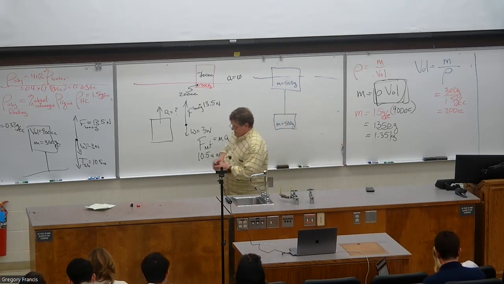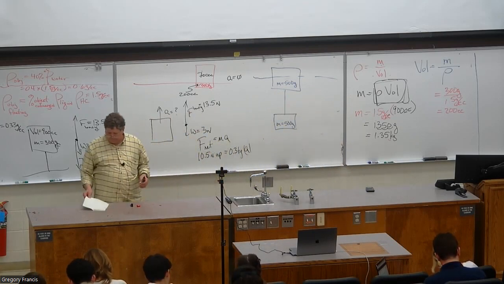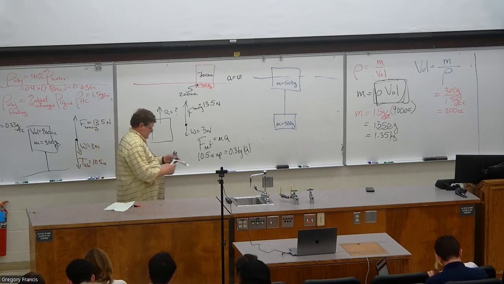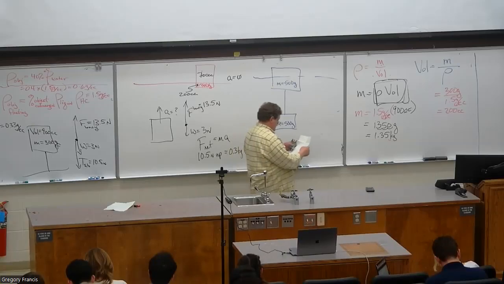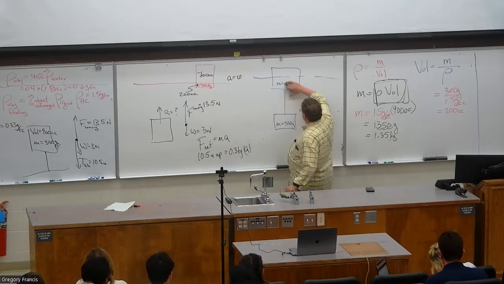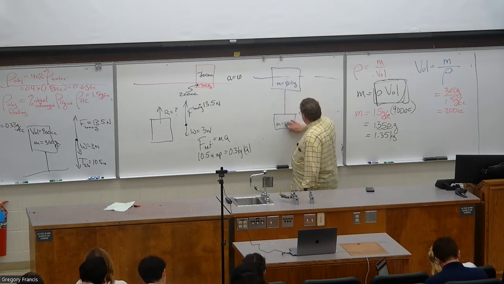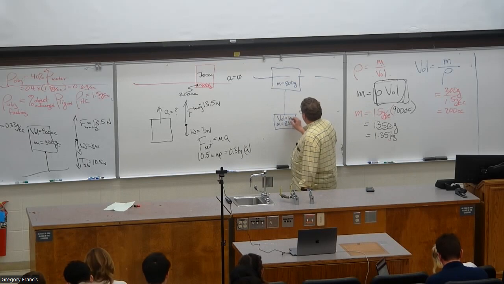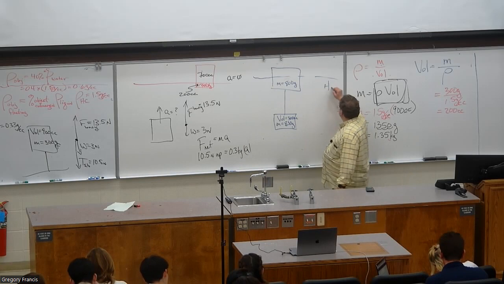But let's change it up a little bit because you saw that problem. Let's make it 800 grams. And this one, block B, has a volume of 300 cc. And we're in water.